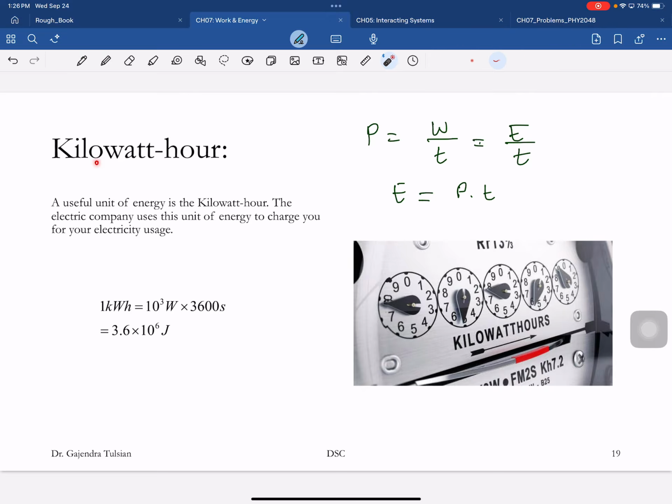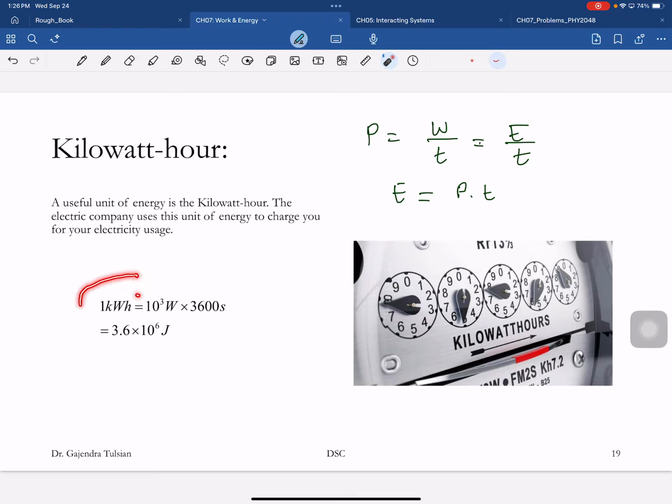Watt is a unit of power, so kilowatt is a unit of power, and hour is a unit of time. So kilowatt hour is a unit of energy. Let's see what that is. A kilowatt is 1,000 watts, and 1 hour is 3,600 seconds. So 1 kilowatt hour is roughly 4 million joules.